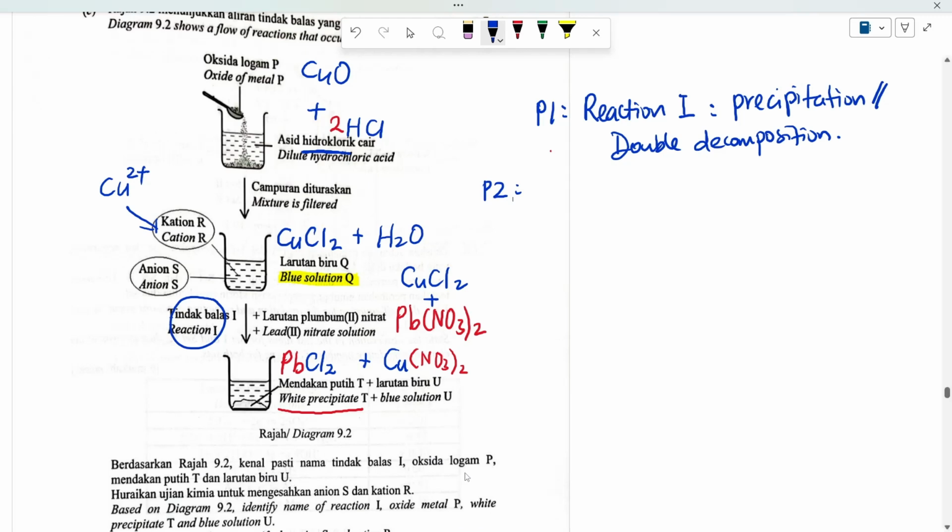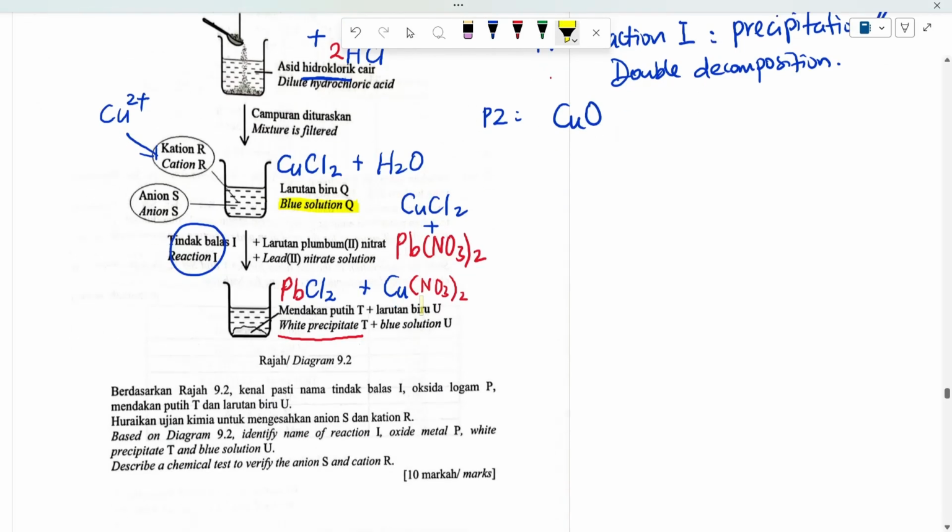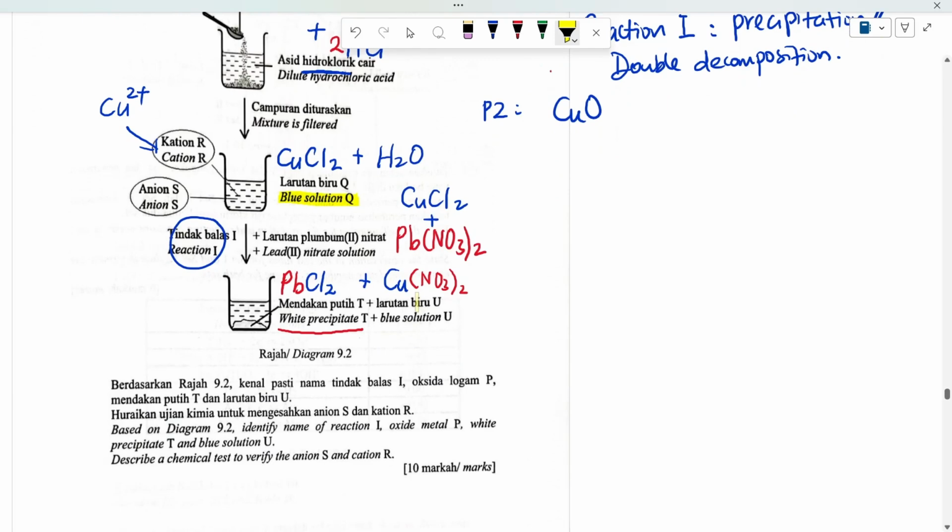Now point number 2. Identify the metal oxide, outside metal copper. So what is the metal oxide? Can I write CuO? Can or not? Yes or no? Cannot, because here, be careful, the question asks for the name.